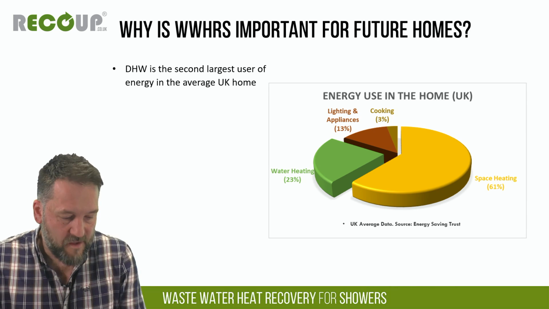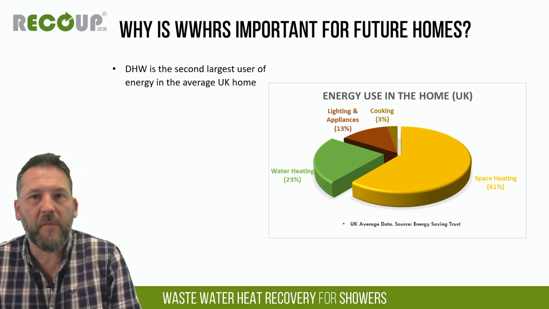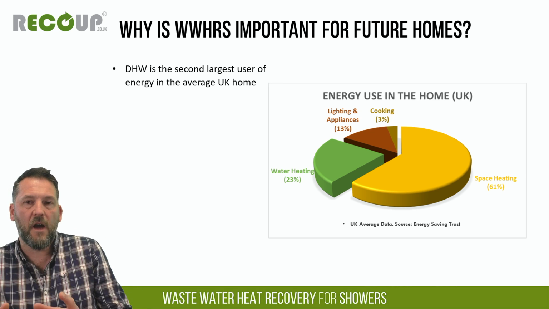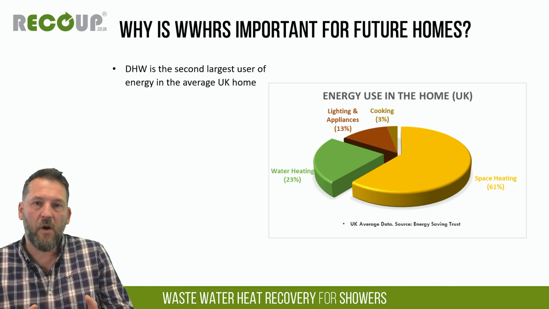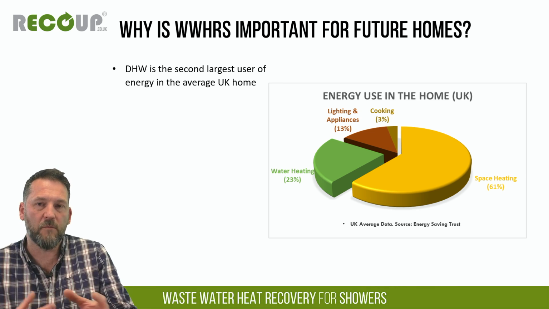Okay, so why is all this important? Why are we looking at hot water? Well, traditionally and historically in houses, space heating demand has always been around 2/3 of the energy, with hot water being much less, 15, 18, 23%, depending on usage patterns.